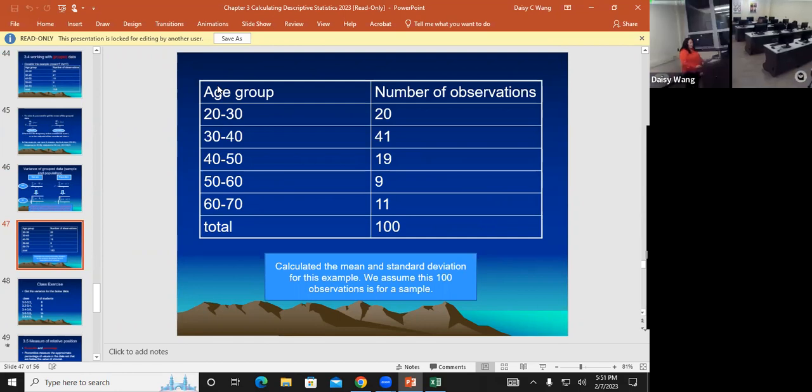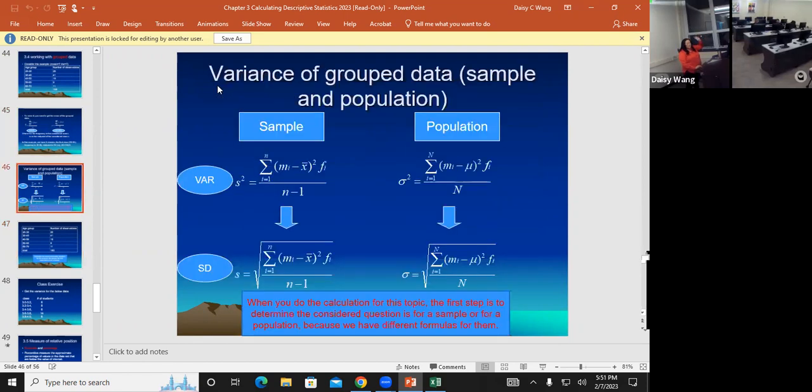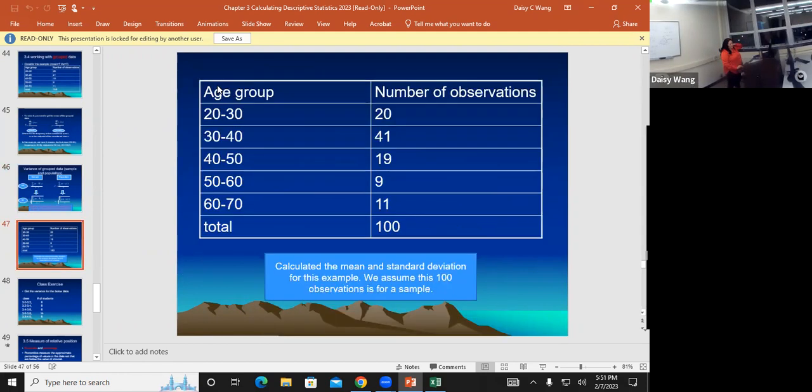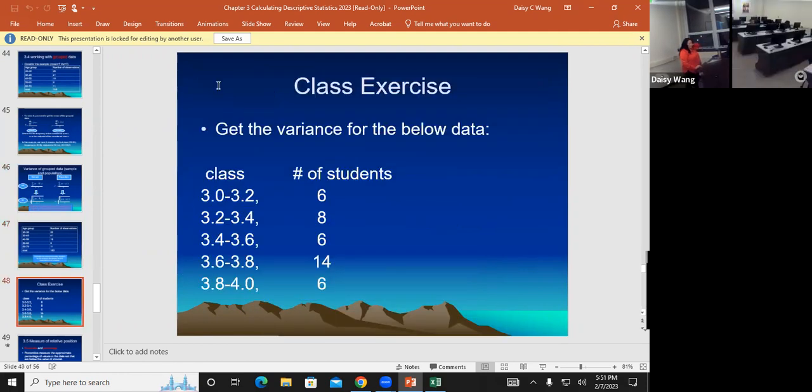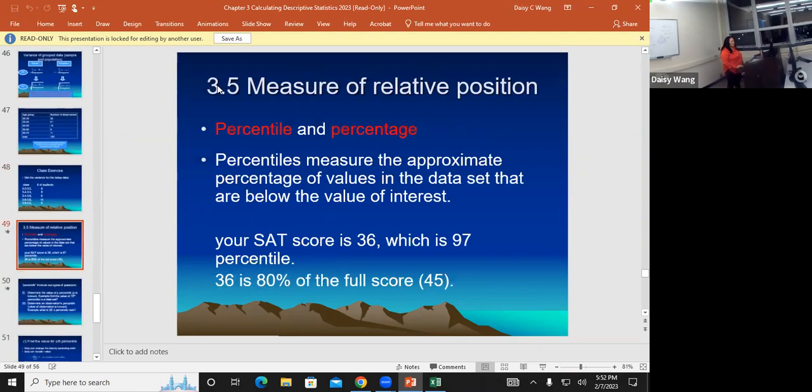So 100 is the sample. The average we divide by 100, but for standard deviation and variance we divide by 99. Same as calculating GPA, where we use 3.1. We use whatever is in the middle when we have group numbers.